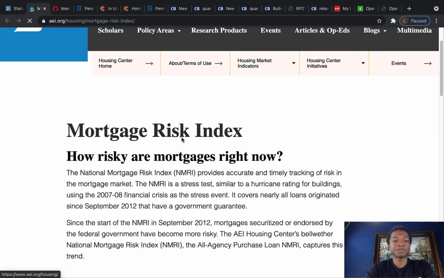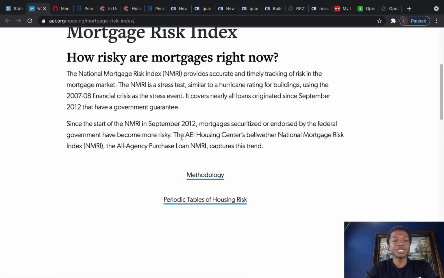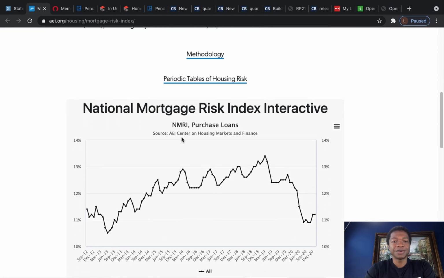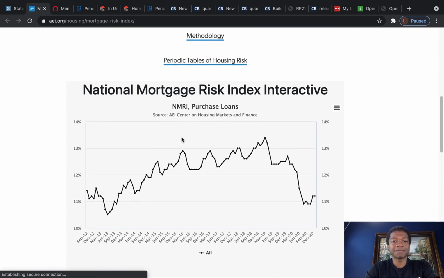And so with the mortgage risk index, we can see that this is as current as January of 2021, and we can see our risk index is 11.2%, and we had a high of 13.4% in March of 2019, and we had a low of 10.5% in June of 2013.